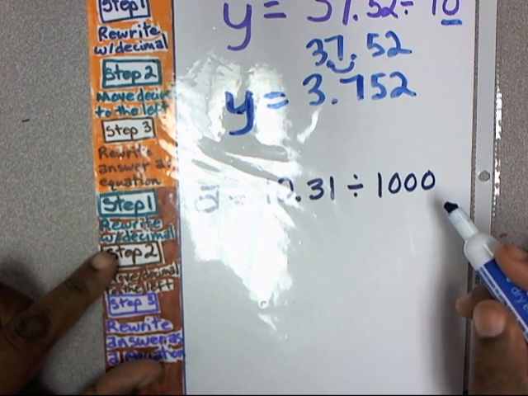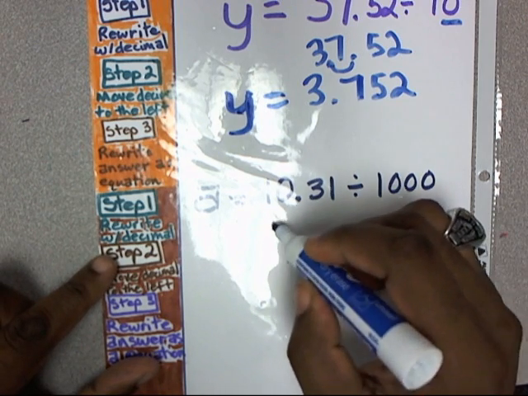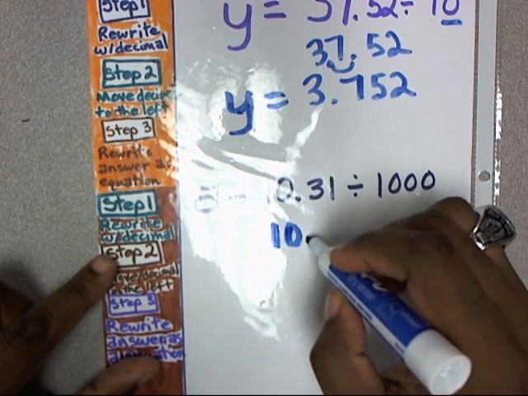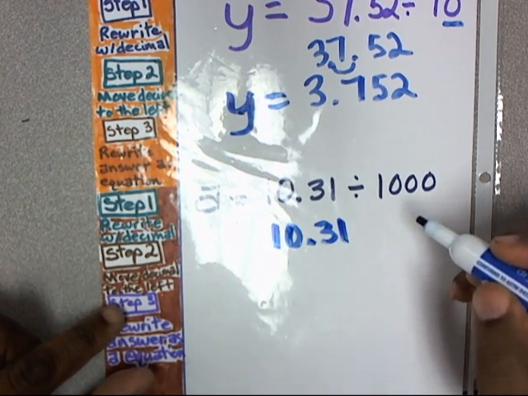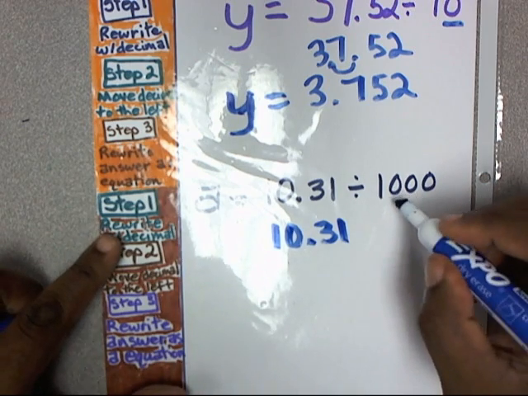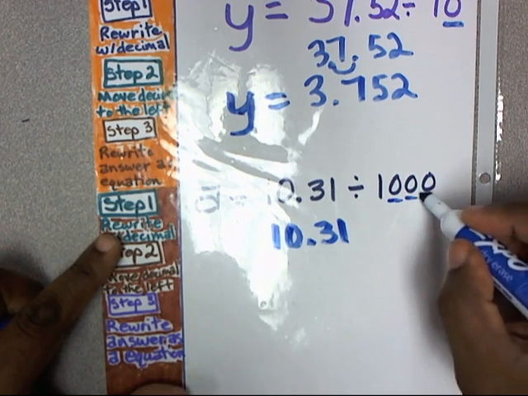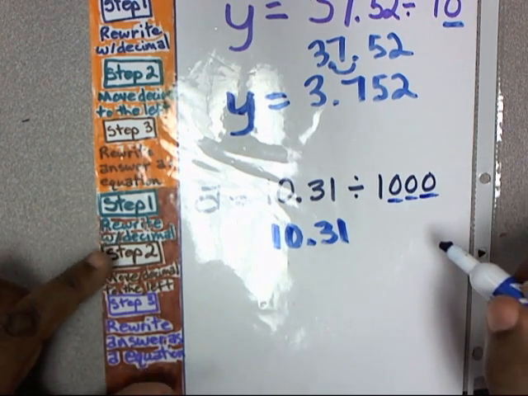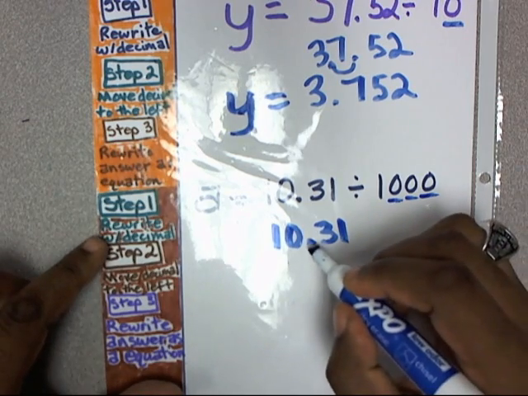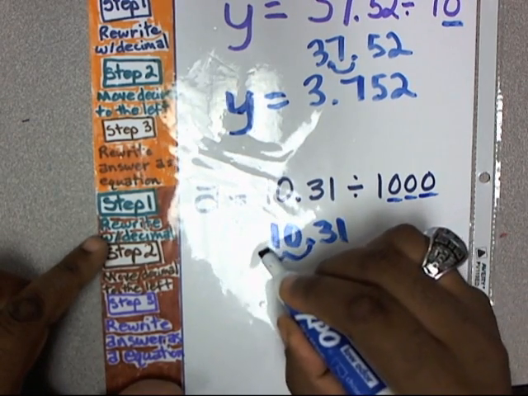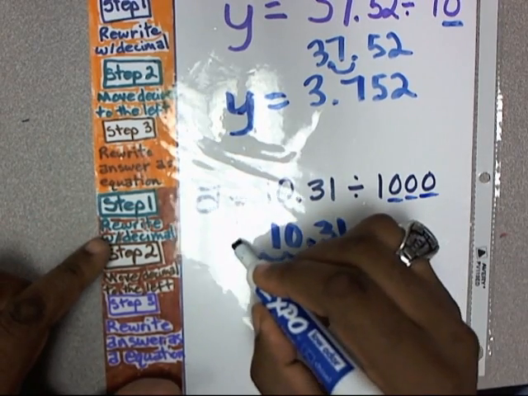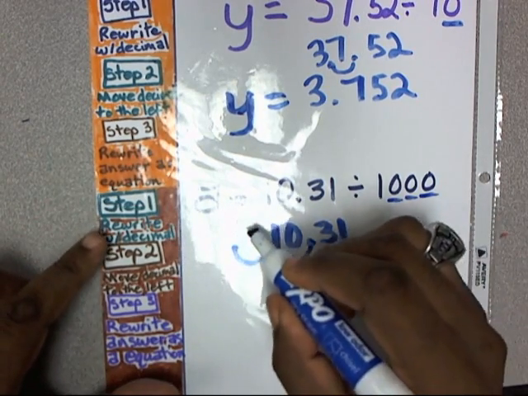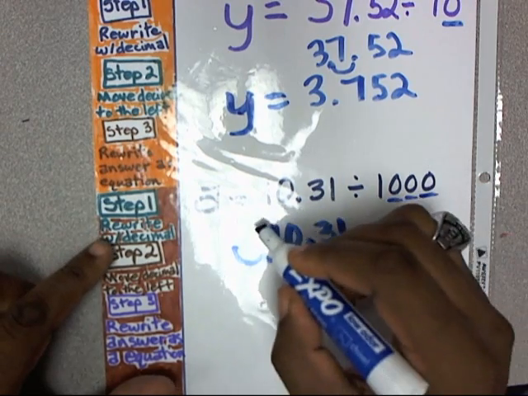The next example is a equals 10.31 divided by 1000. My first step is to rewrite with a decimal, the original decimal, so it's 10.31. Step 2, move the decimal to the left according to how many zeros, which we have 3 zeros, so we're going to have to move it to the left. I'm going to move it 1, 2, 3. Now, when you have this, you're going to fill in the open space with another 0.